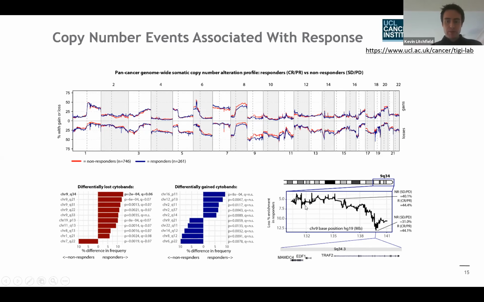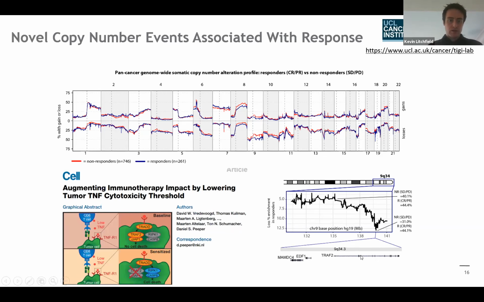And when we did minimal mapping of the region here, this was quite a surprise, actually. I wasn't familiar with the TRAF2 paper that David kindly just presented, and so this came out in a very unbiased way. The peak very sharply was around the TRAF2 gene, which, as we just saw from David's talk, has strong functional data, and that was also the top hit from their genome-wide CRISPR screen.